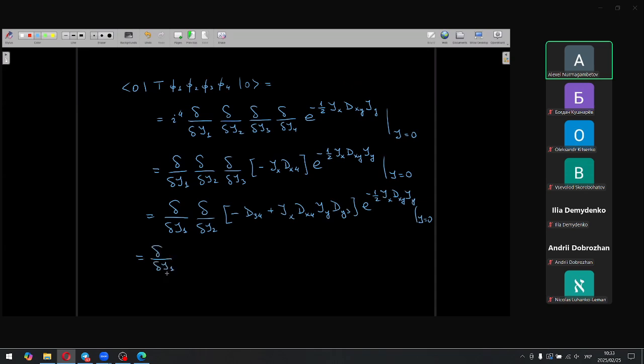So the next step is to take the functional derivative over g2.